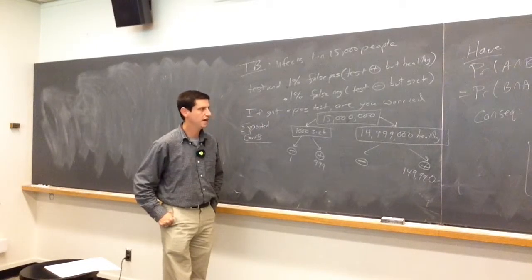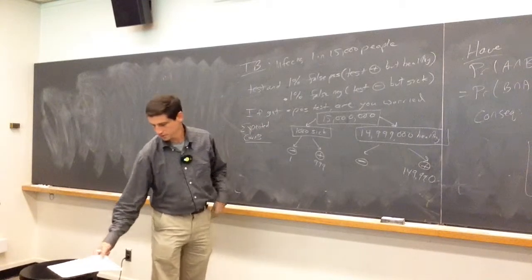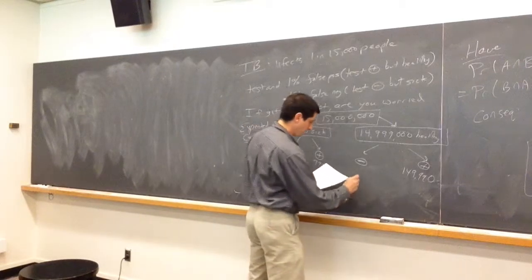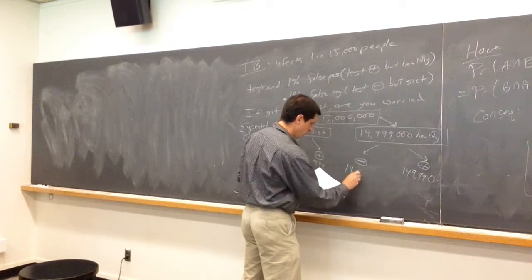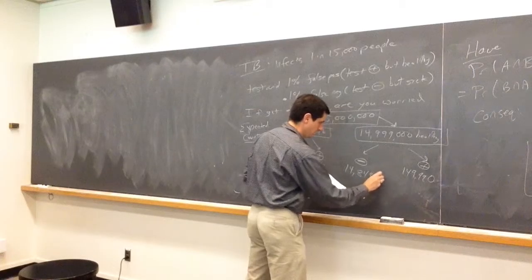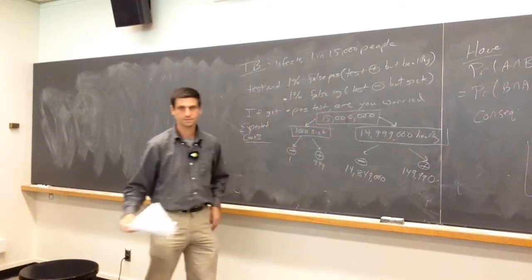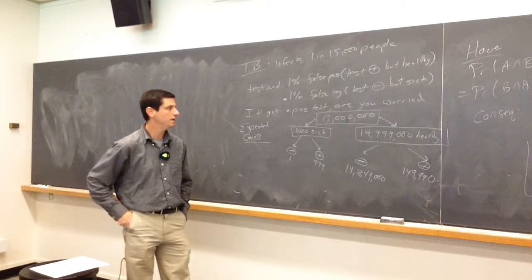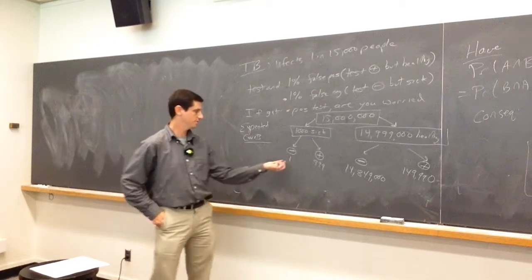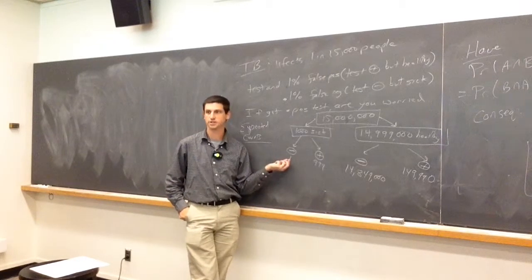Now, everybody else is going to test negative. And so that's going to be 14,849,000. I don't think I could have done better in terms of choosing zeros, because this is already just one person here. If I'd done anything smaller, I'd have a fraction of a person.